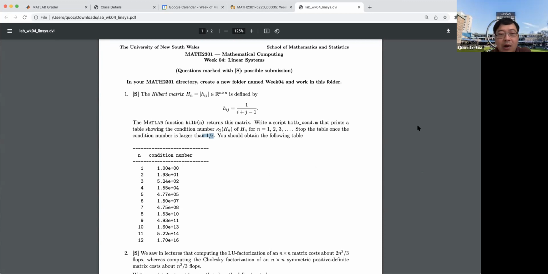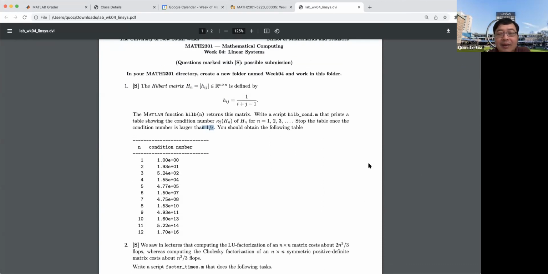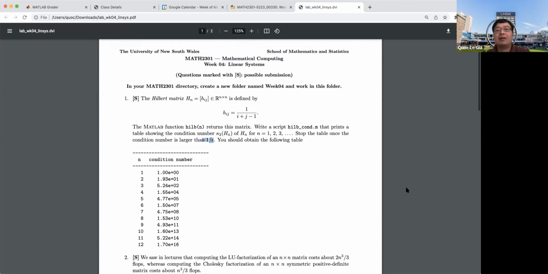You haven't tried it? Anyone have tried this one? No? Okay, then what is the first step? Maybe I have to do it step by step.